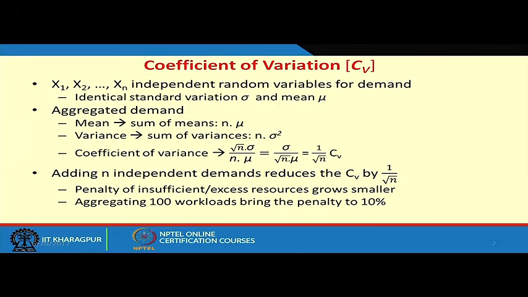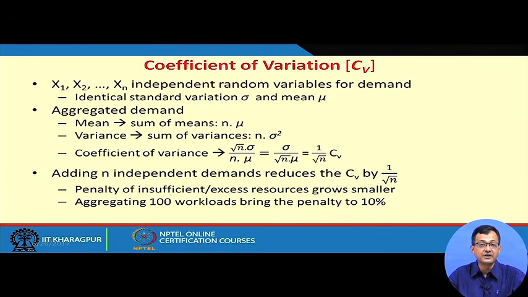Like if we look at x1, x2, xn, independent random variables of demand, identical, say for our argument's sake, though they are independent and random, they have identical sigma and mu. So, aggregate demand in case of mean is the sum of the means, n mu, and aggregate variance is n sigma square.